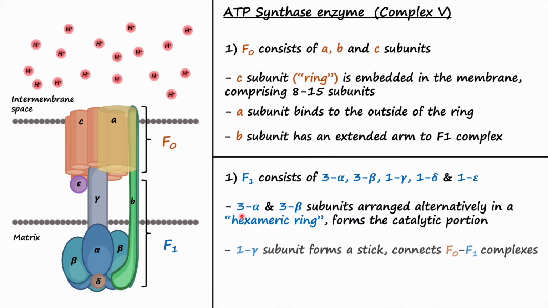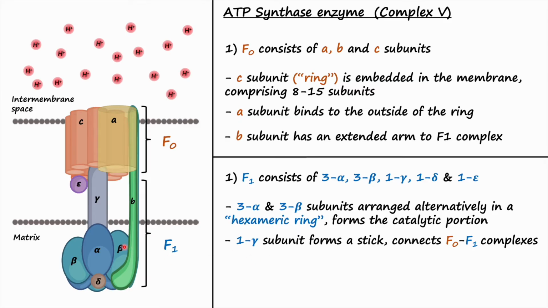The F1 complex also has one gamma subunit, which is in the gray color. It literally looks like a stick. One side of the gamma subunit is connected to the C subunit of the F0 complex, and on the other side it is connected to the hexameric ring of alpha and beta subunits of the F1 complex, meaning that it is important in connecting the F0 and F1 complexes.